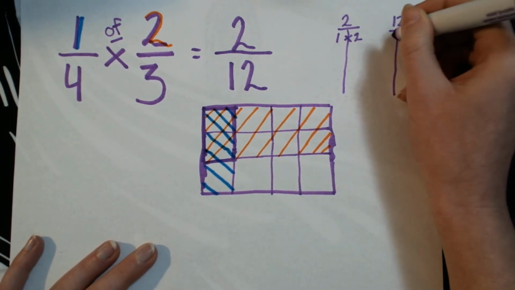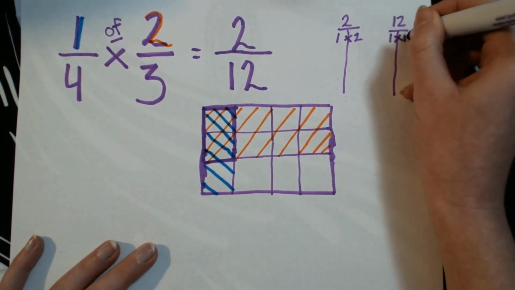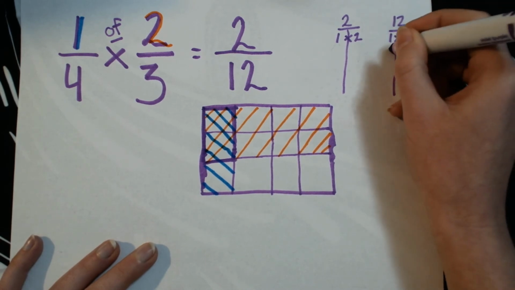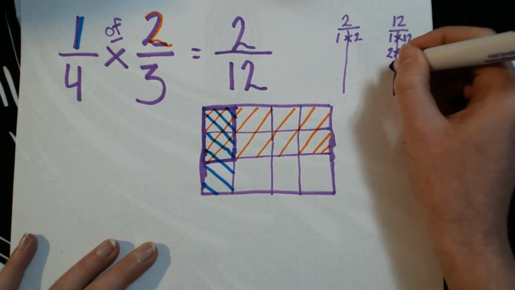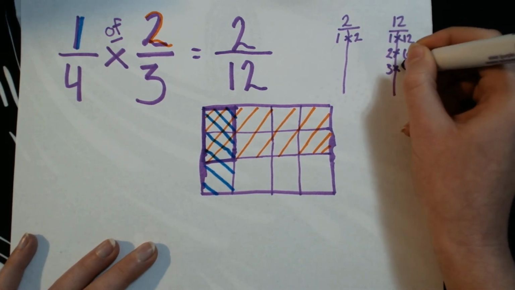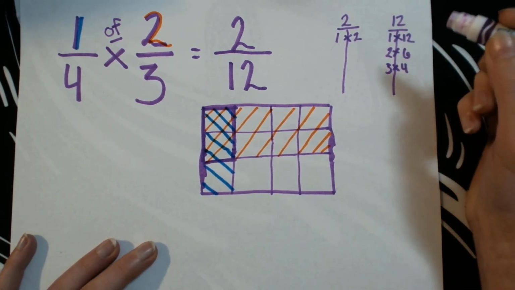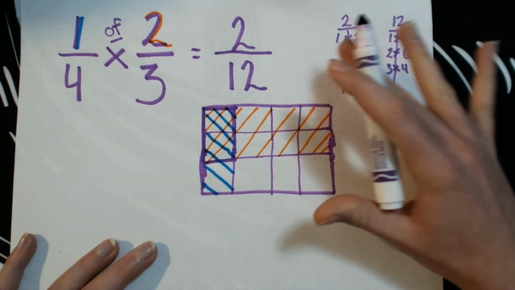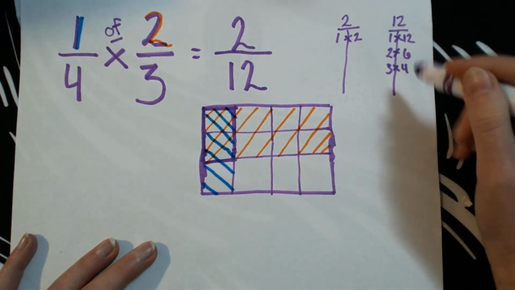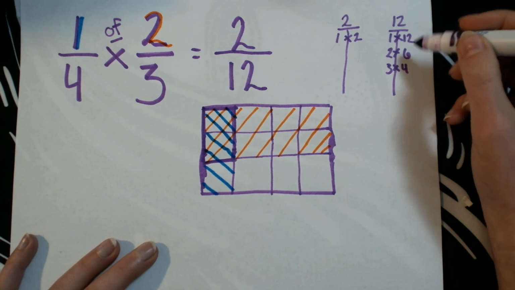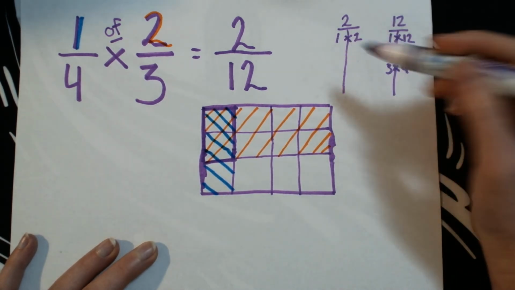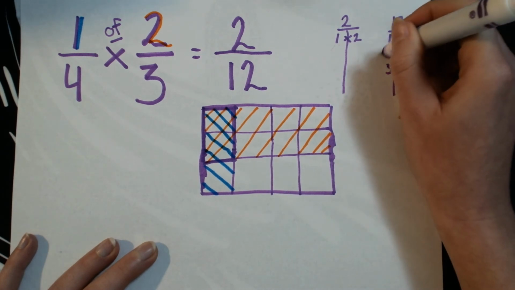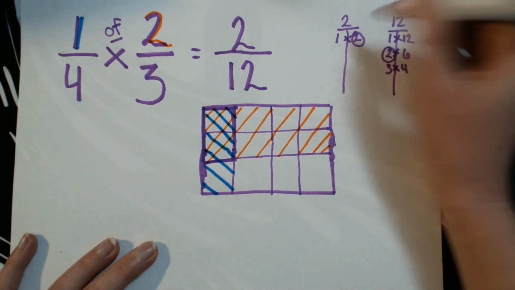Let's look at 12. 1 times 12 is 12. 2 times 6 is 12. 3 times 4 is 12. 5 times something, no, that won't make 12, and then we're already back to 6. So these are all the factors of 12. Now I compare to find the greatest common factor. I've found 2 on both sides.